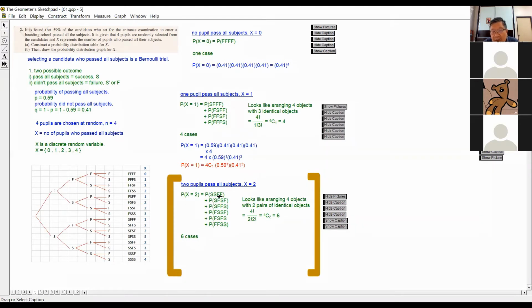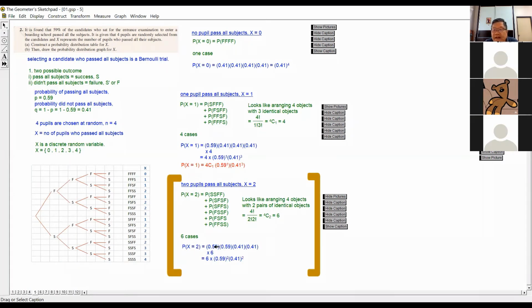So without listing out all the possible outcomes, I can count the number of possible outcomes. Now the number of possible outcomes with 2 successes is counted, so I want to count the probability.